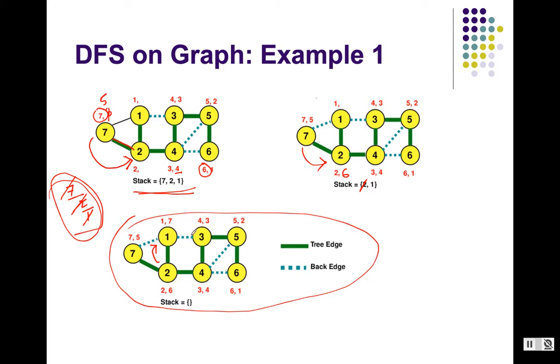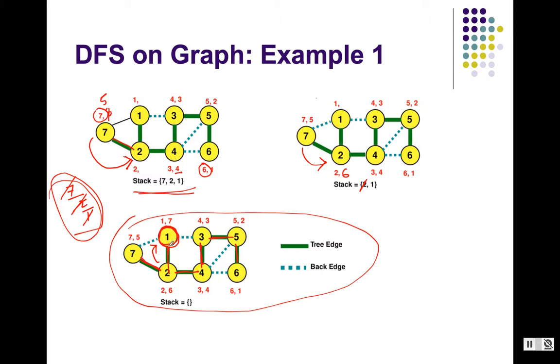As we used a stack, you can see that node 1, which we visited first, finished last, at time 7. These are the tree edges we used to explore all the nodes: 1 to 2, 2 to 4, 4 to 3, 3 to 5, 5 to 6, then after backtracking, 2 to 7.